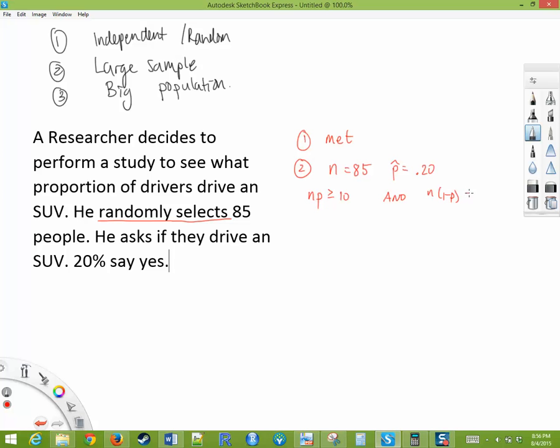So what is n times p? 85 times 0.2 gives me 17. And 85 times 1 minus 0.2, which is 0.8, gives me 68. These are both bigger than 10. So number 2 is met.